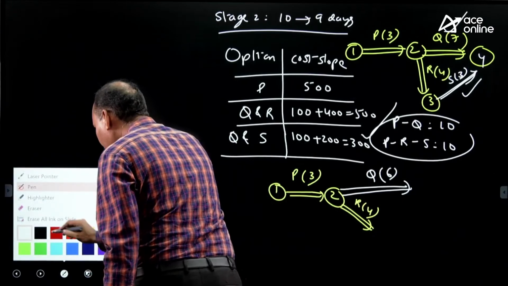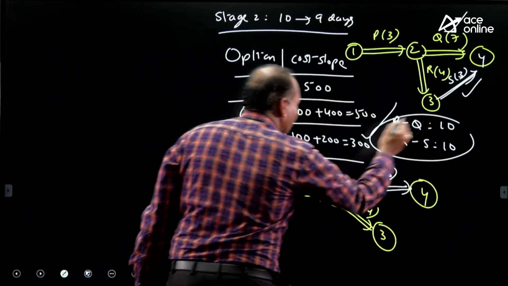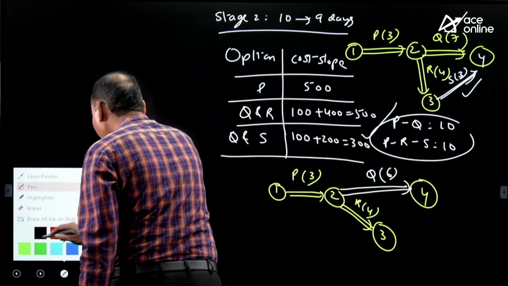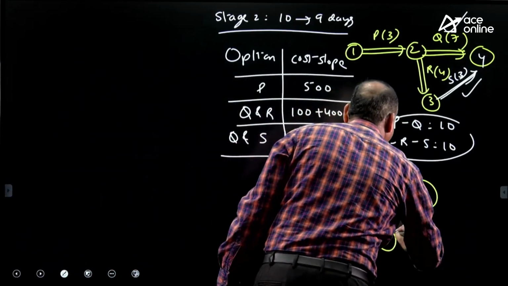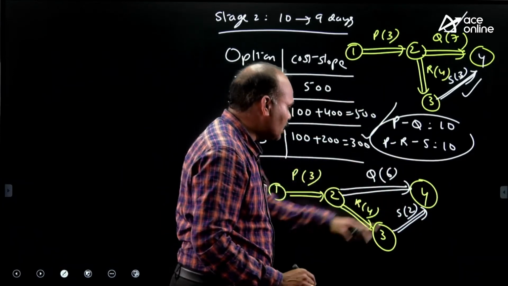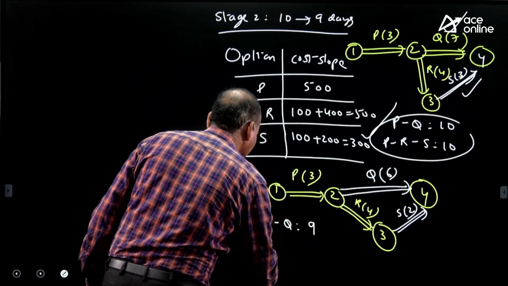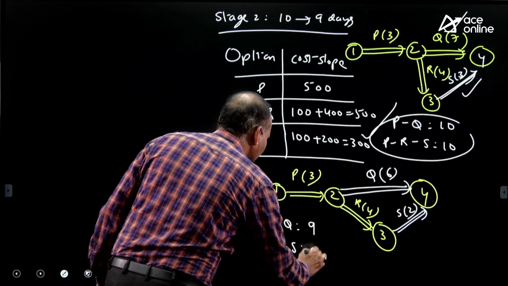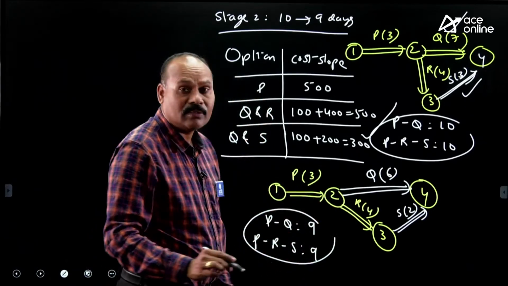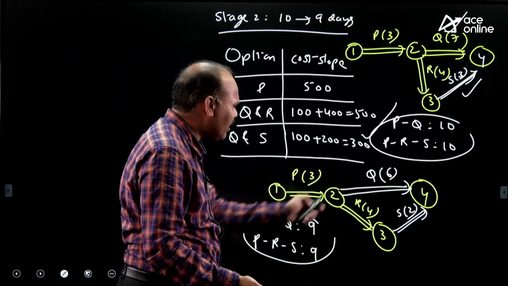And S, how much can you keep? S can be reduced further, no? 2. Q 6, S 2. Take the paths: PQ 9, PRS 9. Right? We have reached the target. When you have reached the target, it is understood the target is 9.